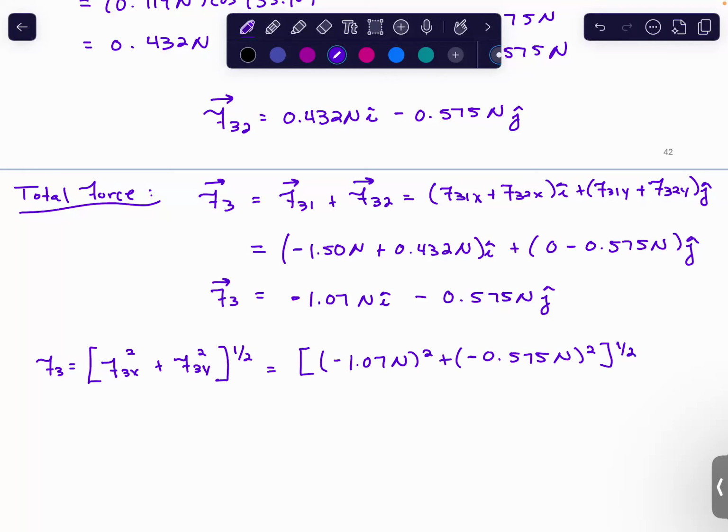That is going to give us 1.21 newtons as the magnitude of that vector.